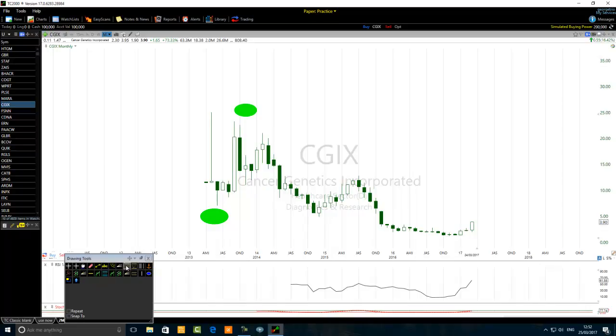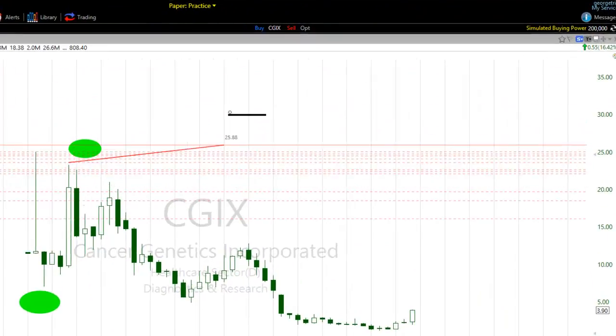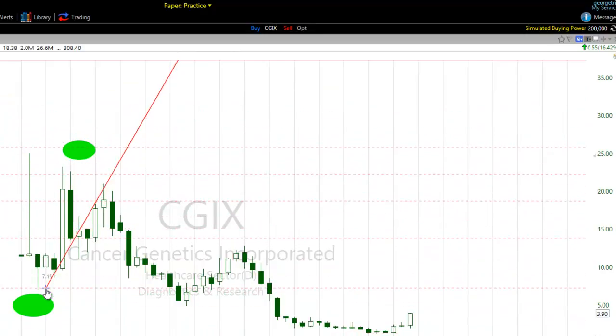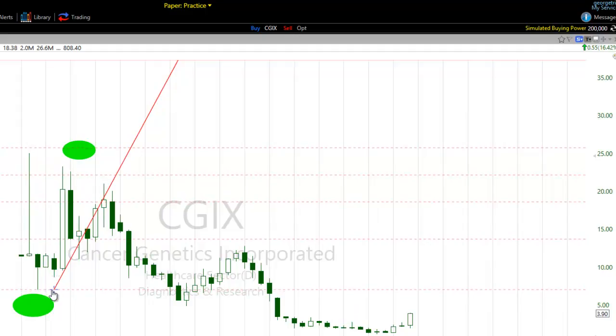Some traders will be looking at the 38.2% level. Some traders will be looking at the 50% Fibonacci retracement level, 61.8%, 78%, and so on. Other traders will be looking at Fibonacci extension levels.